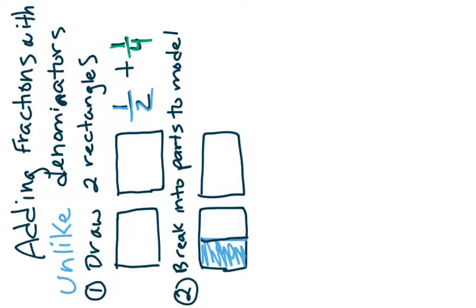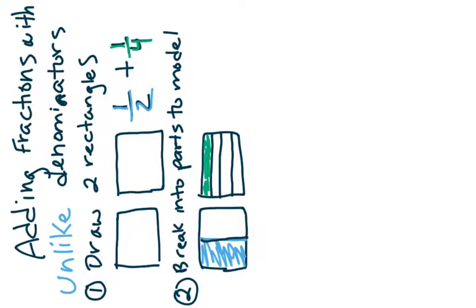And please remember, I need this to be usable. So if you're super sloppy or just scribbling, that won't help you later when you need it. So notice I partitioned this rectangle into 4 parts to represent the denominator, and I need 1/4 of it. Okay. So we're going to write that instruction.